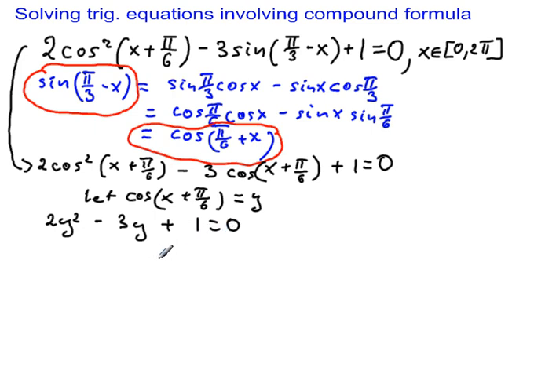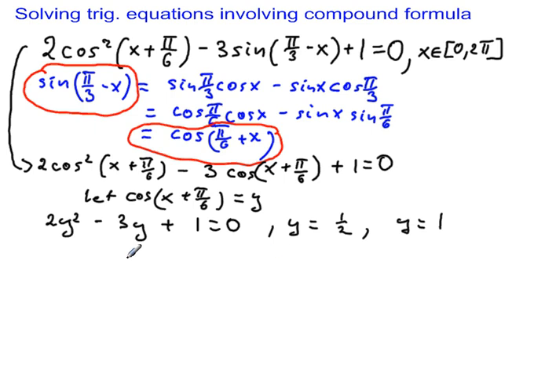At this point, we should all be excited because we have a quadratic equation and we know how to do it. When you solve it, either by factoring or using the quadratic formula, you'll get two roots. So y will be equal to 1 over 2, or y will be equal to 1.